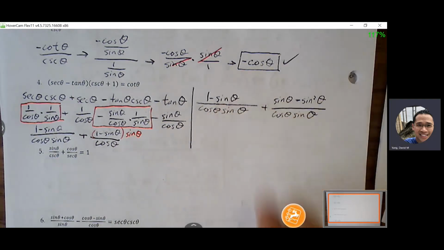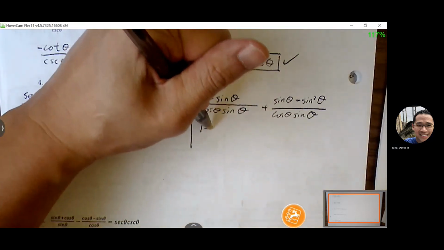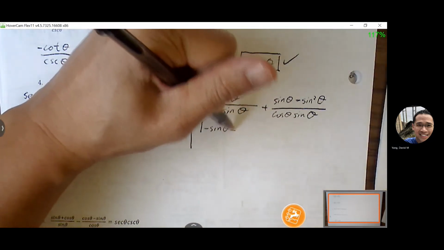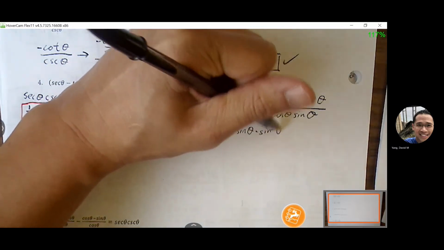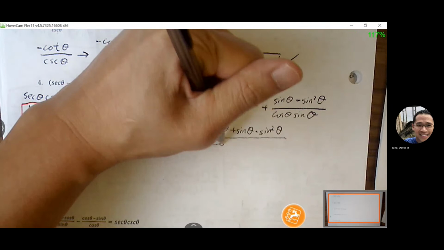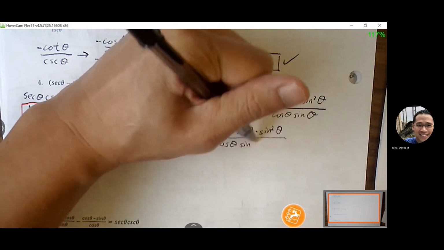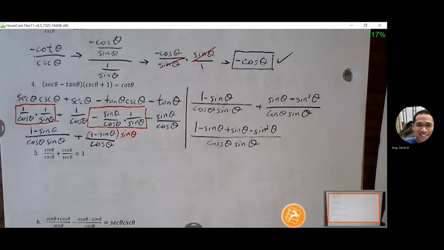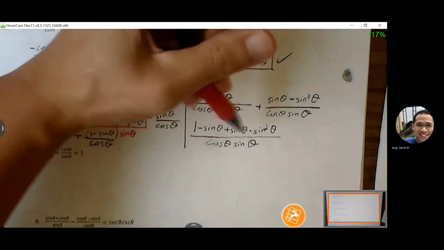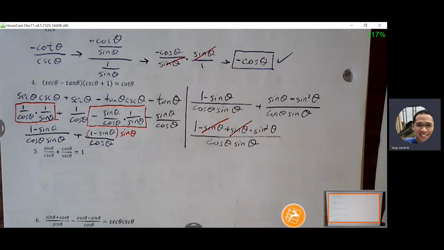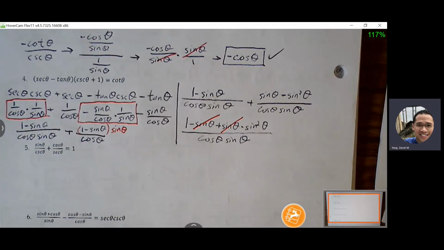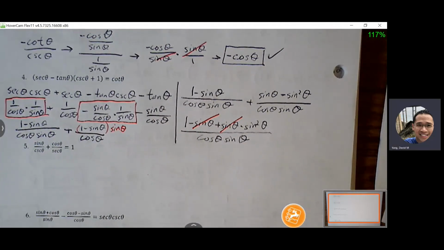Push all this together to be one fraction. Okay, anything go away here? Sines. I'm left with 1 minus sine squared. Can't do anything without 1 minus sine squared.